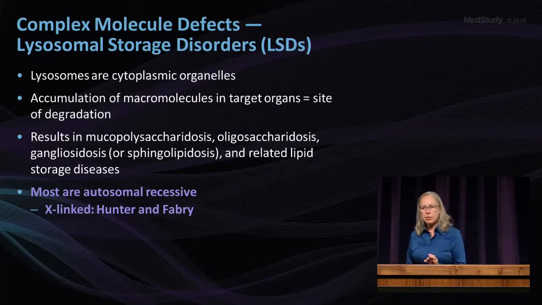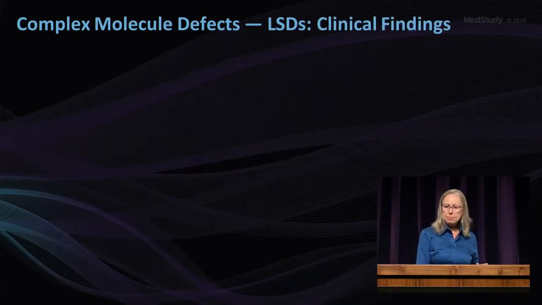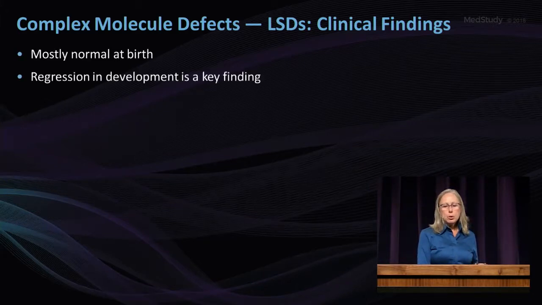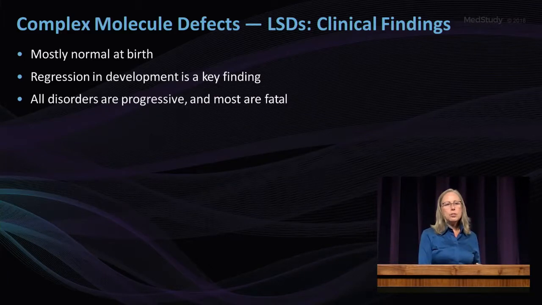Most are autosomal recessive. Your two exceptions here are Hunter and Fabry. These kids are normal at birth. There can be a regression in development. All disorders are progressive and most are fatal.